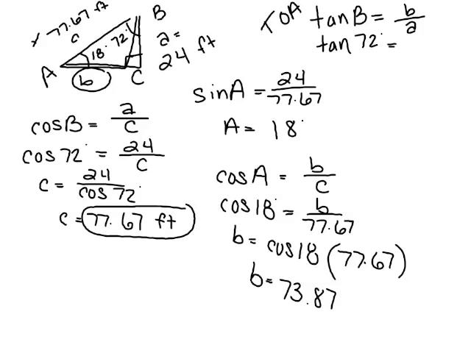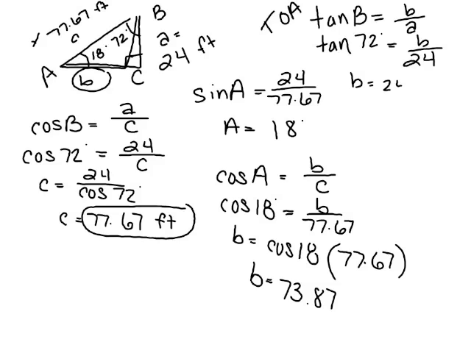My little side B is the one we're trying to verify. And my side A, 24 feet. So I need to get the B alone. Times both sides by 24.